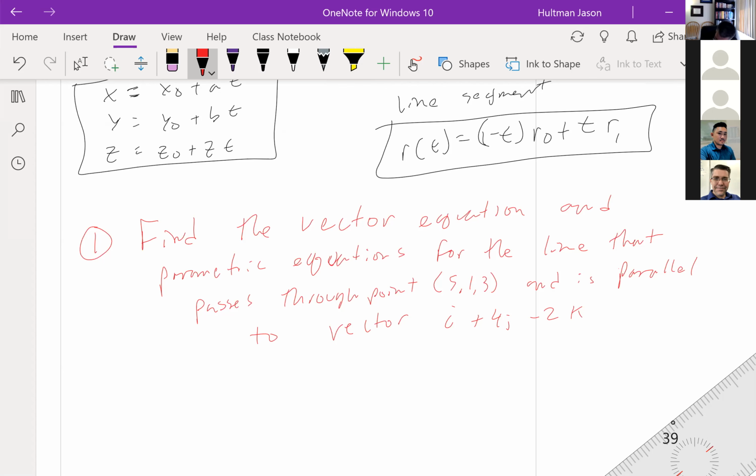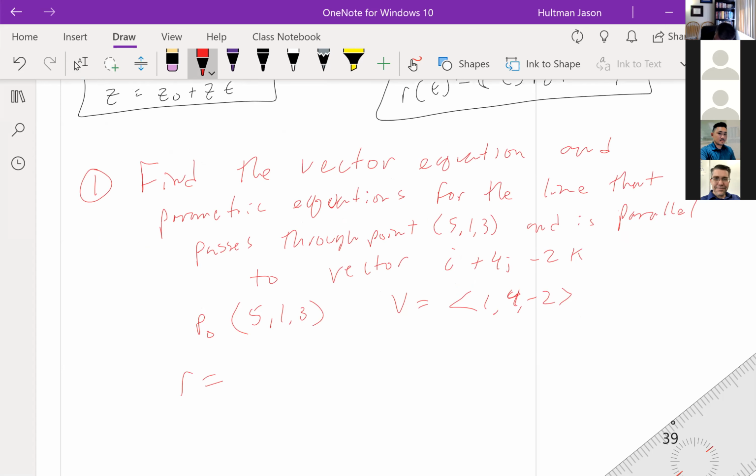So we want the vector that's parallel and we got the point. What's P naught? P naught is (5, 1, 3). What's vector V? Vector V is (1, 4, negative 2).